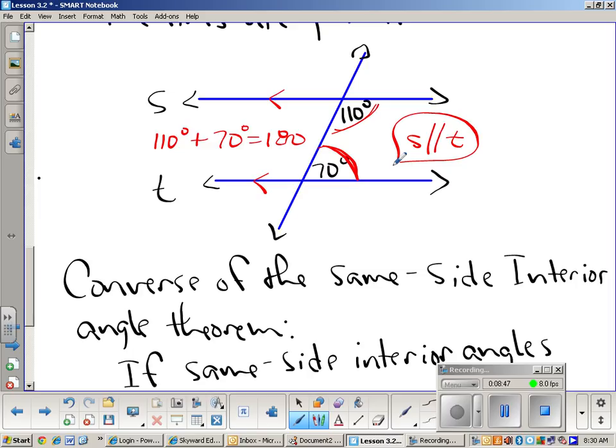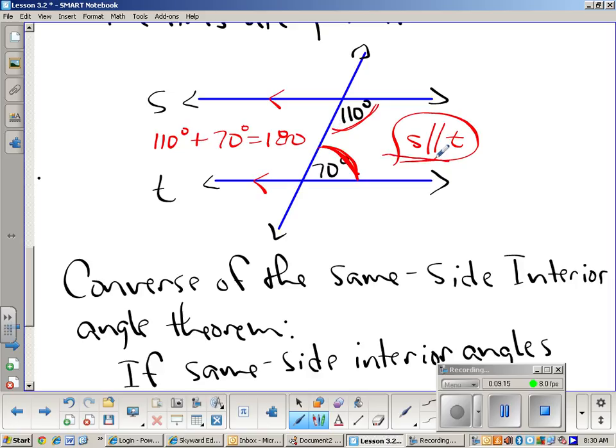Remember I said in our little review that today we're starting out with lines being parallel. We're talking about yesterday's homework. We start out knowing the lines are parallel, and then because the lines are parallel, these other facts are true. Today we're starting out with these other facts and saying, because these other facts are true, like in this case, same side interior angles add up to 180, that's only true because these lines have to be parallel.